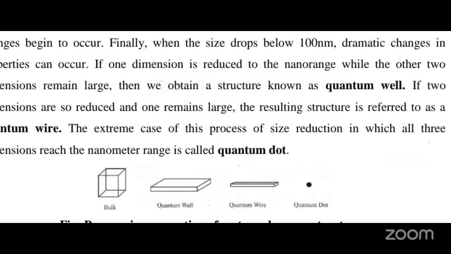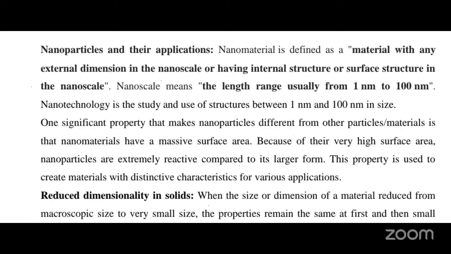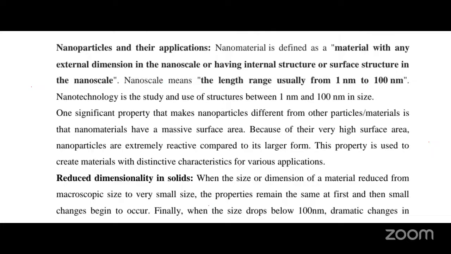Just an introduction about nanomaterials. The length range, usually 1 to 100 nanometers, is called nanoscale or nano range. Nanotechnology is used to study structures between 1 and 100 nanometers in size.